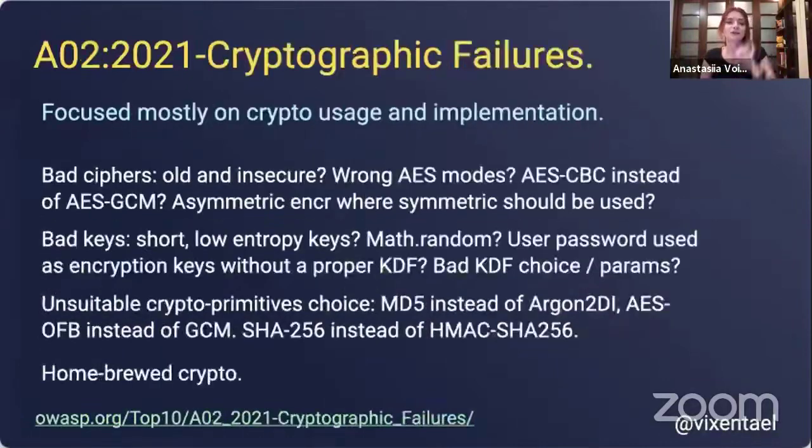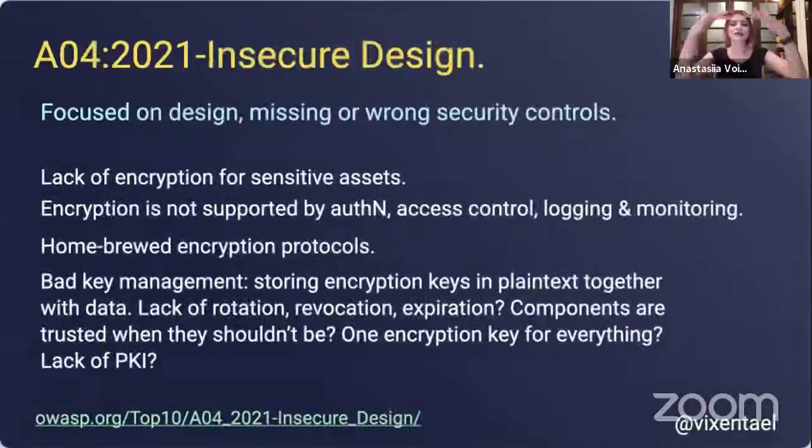So if cryptographic failures are focused on implementation, insecure design is more of a design point of view. What is interesting for us in this section, from a data security perspective, is that what we often see is that there is no data security, so, missing security controls.